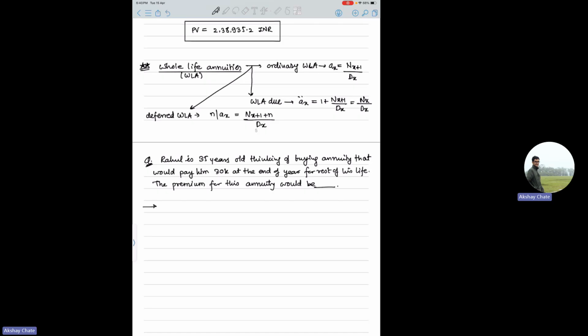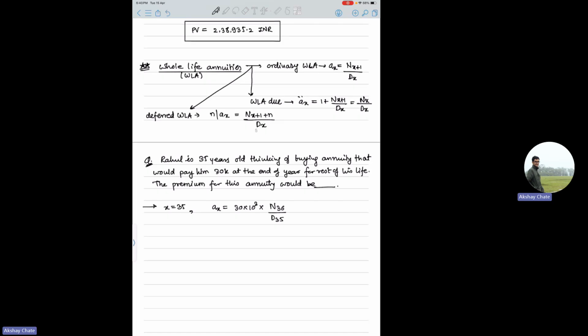So in this question, x is 35 because he is currently 35 years old. So what will be a_x in this case? It is 30 into 10 to the power 3 into N(x+1) by D(x). So N(x+1) will be N36 and this will be D35. You have to go back to your mortality table.